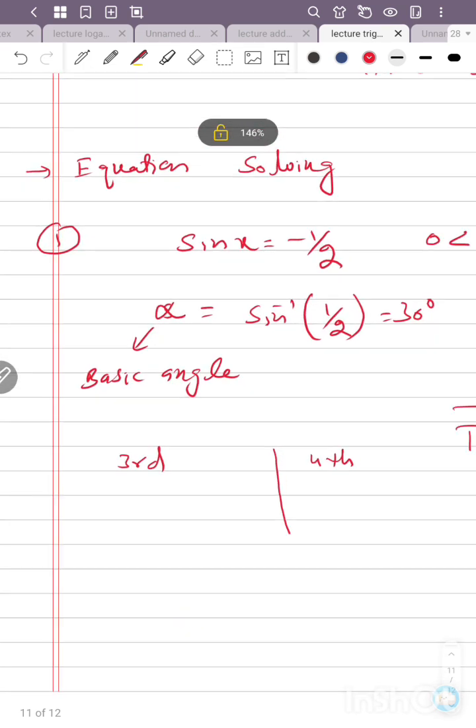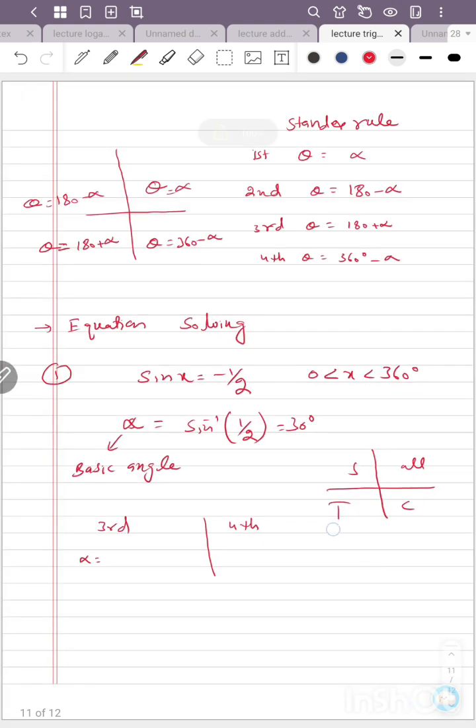Okay, I have to zoom in on the third quadrant. We know that in the third quadrant we write 180 plus theta, or 180 plus alpha, as you wish. In the fourth quadrant we write 360 minus alpha.